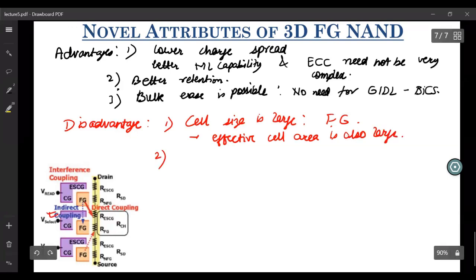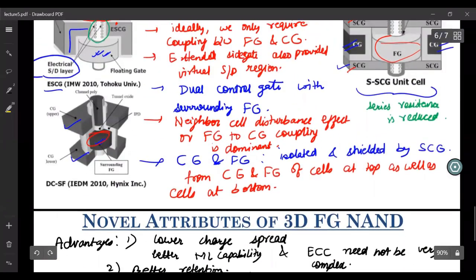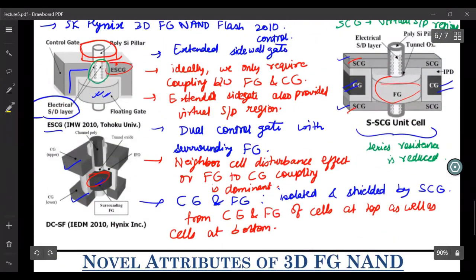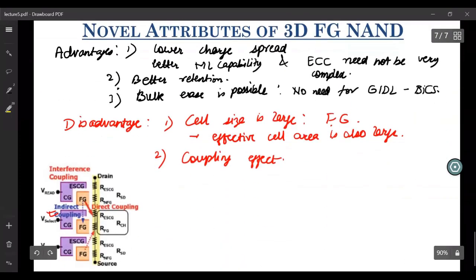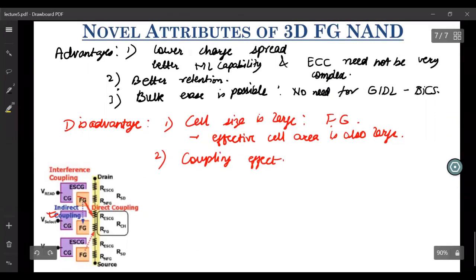The second issue, and that I find is the most important issue, is the coupling effect. Although you can introduce several structures like this shielding gate structure in order to avoid interaction between the floating gates of neighboring cells, or shield them using a control gate like what has been done here, or the SCGs over here, you can use these techniques to avoid the indirect coupling component.